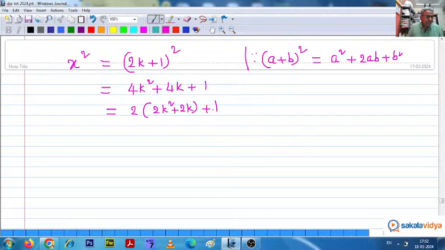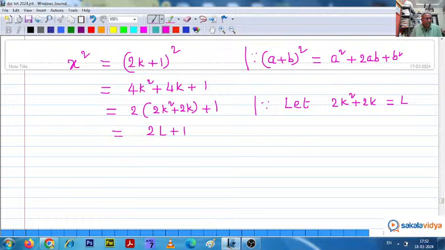Now let us consider 2k square plus 2k is equal to something integer, because k is an integer, 2k square is also an integer, 2k is also an integer, and integer plus integer is an integer, that is the closure property. So, now you can write it in the 2l plus 1 form.